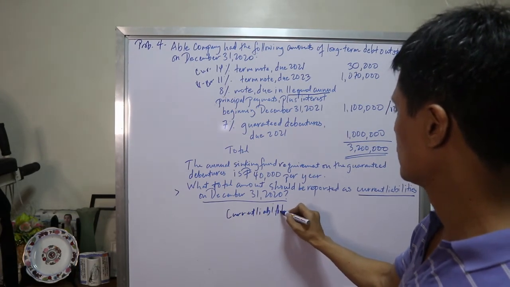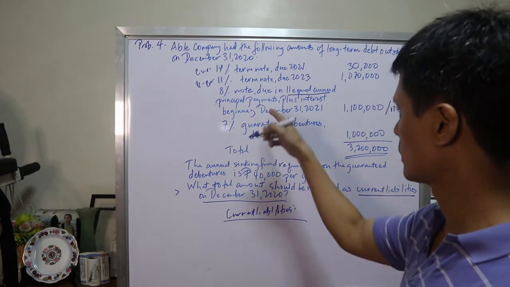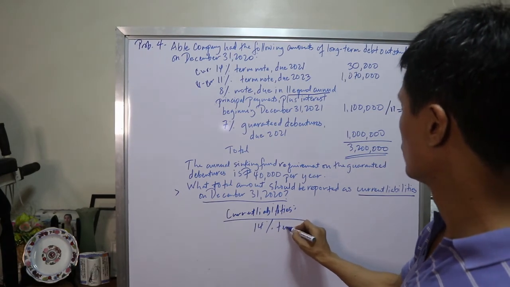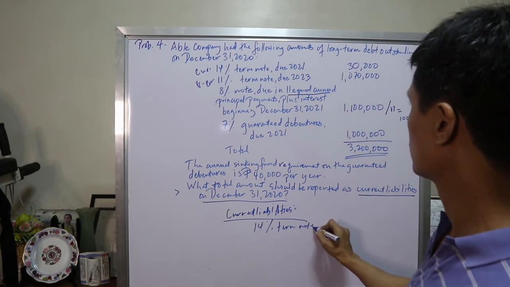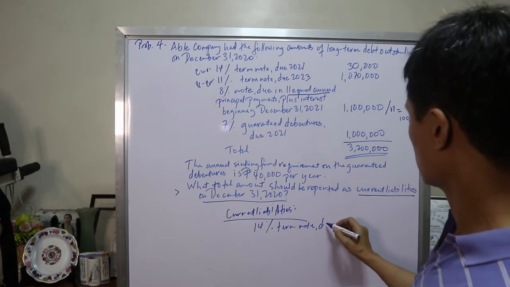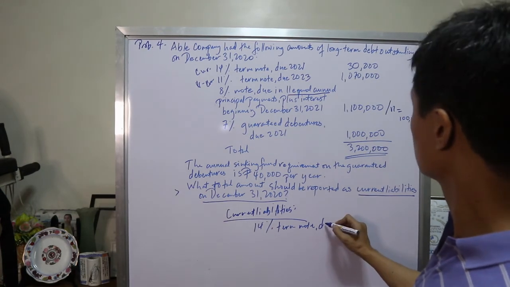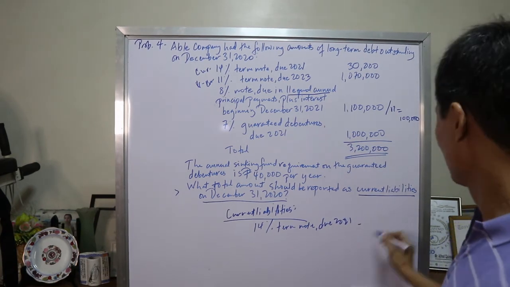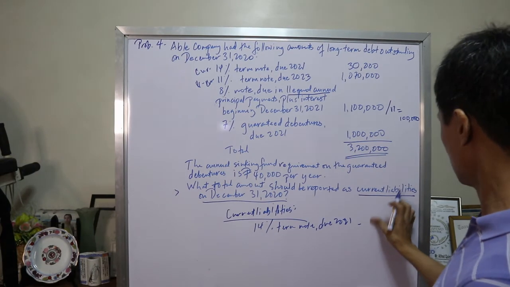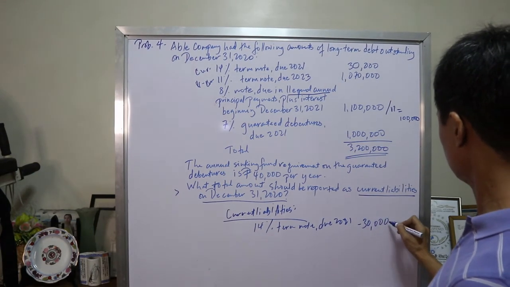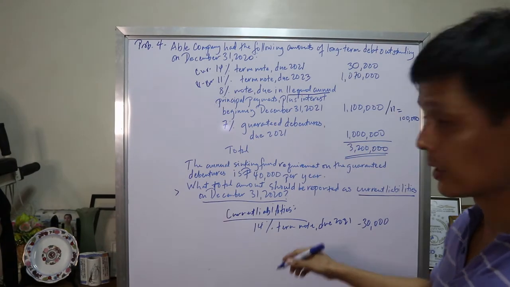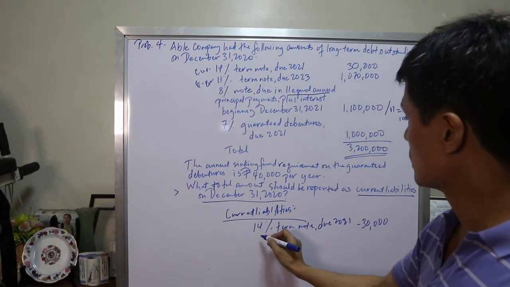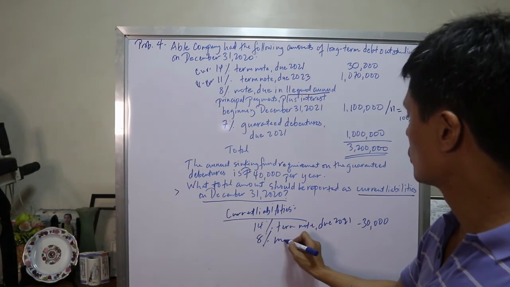So this one is the 14% term note. I hope you can still understand my handwriting. So 14%, it's clear on the camera. And this one is 8% note.